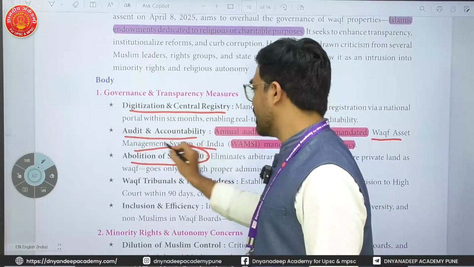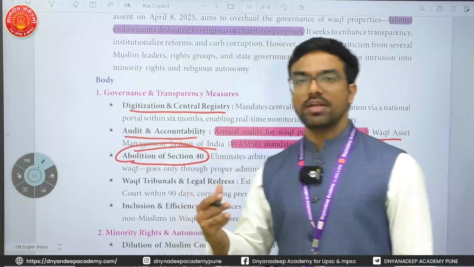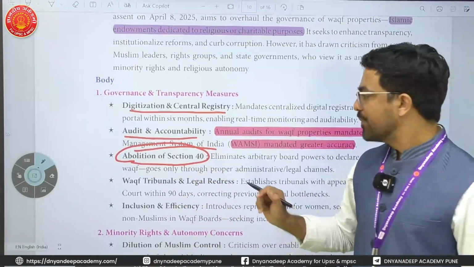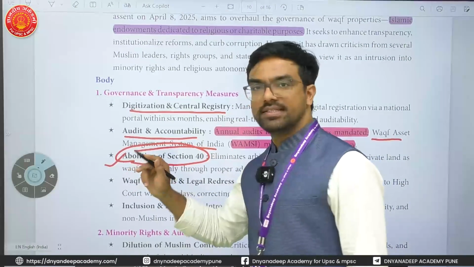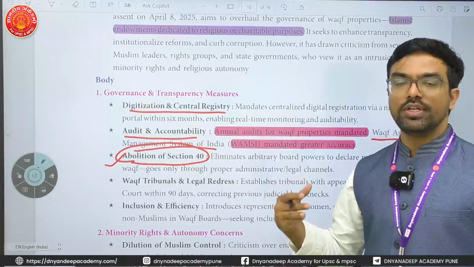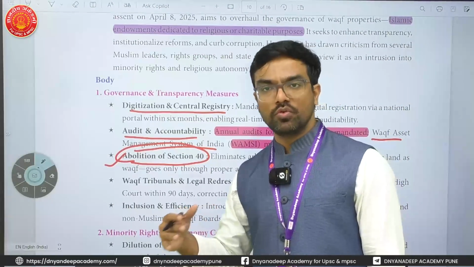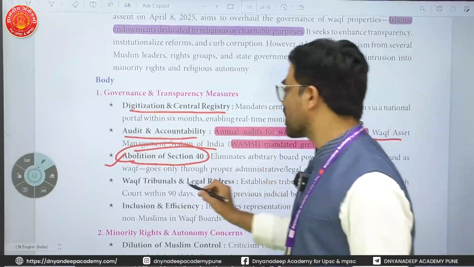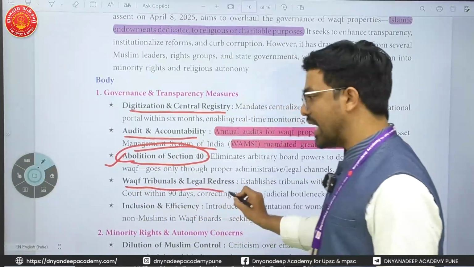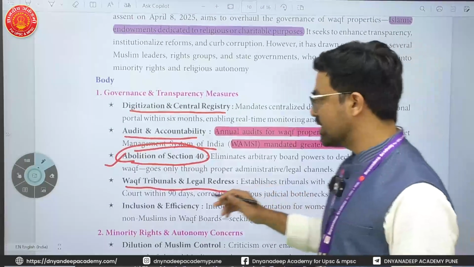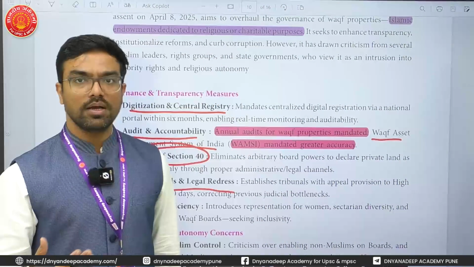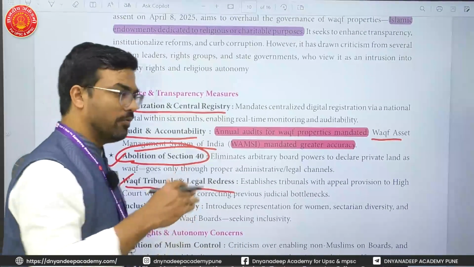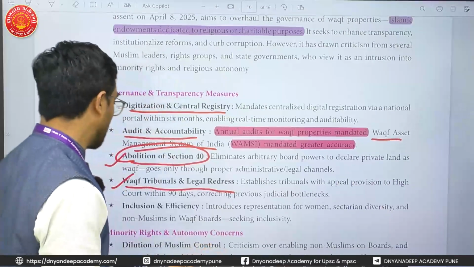Abolition of Section 40. Earlier there was a provision that the board can declare any property as Waqf property, but now this has been abolished. It says that to declare any property as a Waqf property, it has to go through some procedures. It has to abide by some rules, right? Also, it sets up Waqf tribunals and legal provisions, right? Any concern about being declared as Waqf or any problem, they can go to the tribunal, and within 90 days it can go to the High Court for appeal.